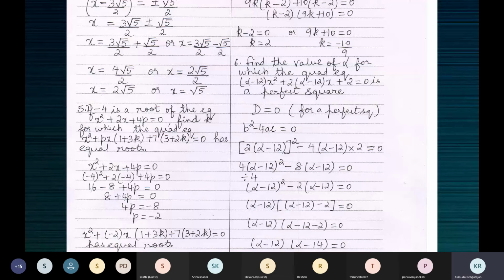Now, children, what I want you to do is, also write 2x minus 5 the whole square and expand it.